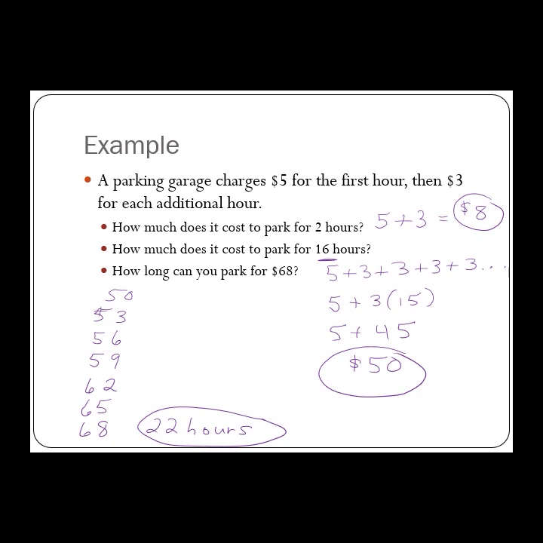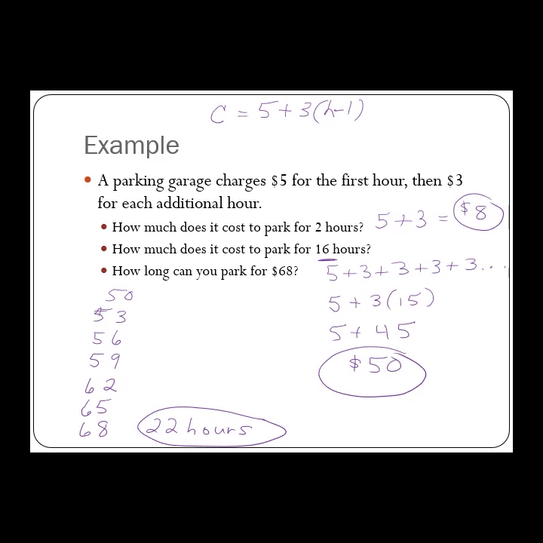If you want to express this as a formula, it's kind of an interesting formula. It costs $5 plus $3 times h minus 1, because you're only going to have one fewer of the hours that are $3 hours.